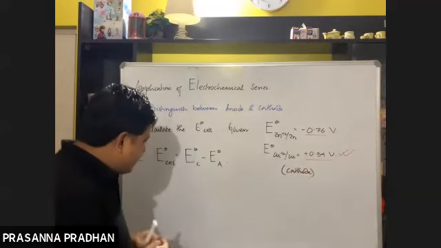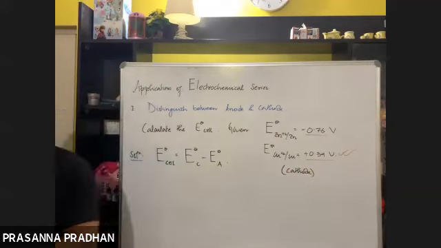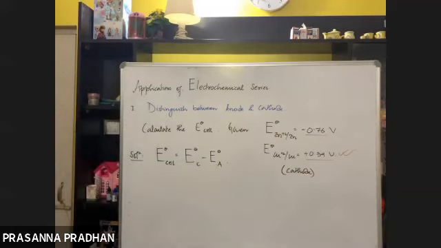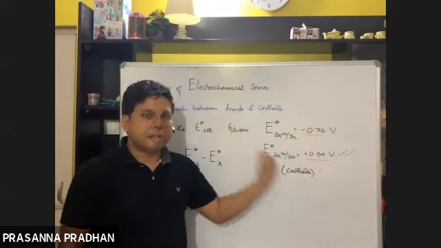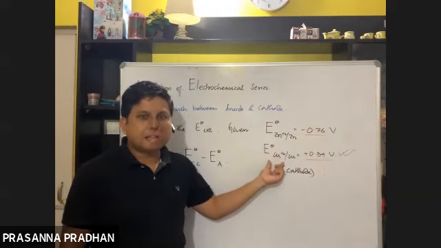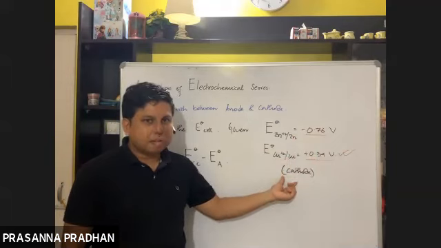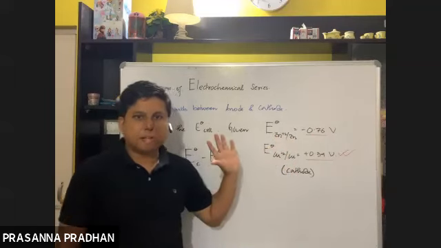Just by comparing the values, we can easily predict which one will behave as a cathode and which one as an anode. Again, which one has a higher reduction potential value? Copper. That means copper has a higher tendency to undergo reduction, and reduction takes place at the cathode. So copper will behave as a cathode and zinc will behave as an anode.